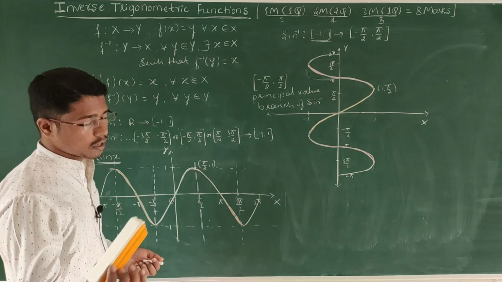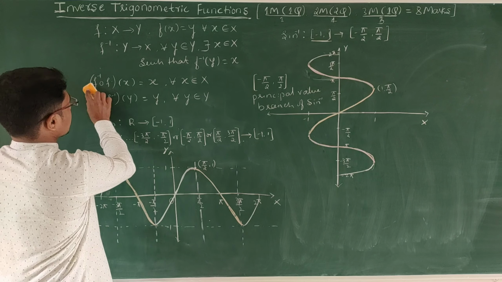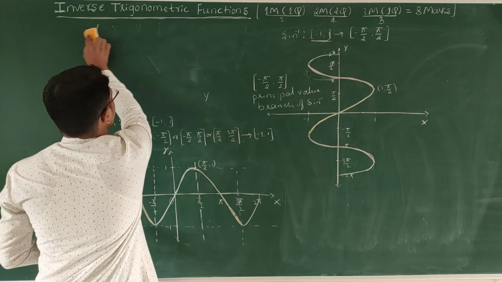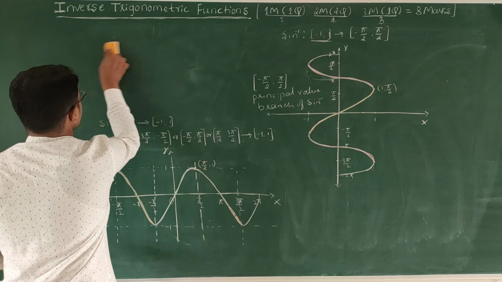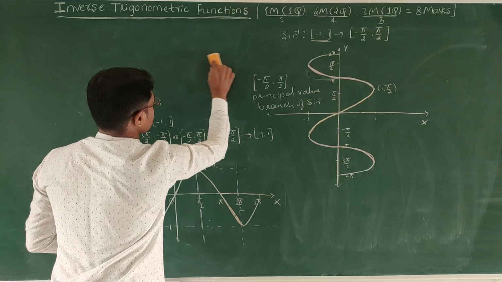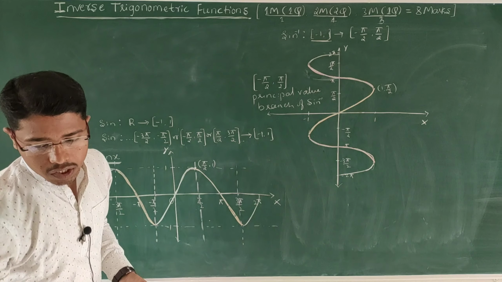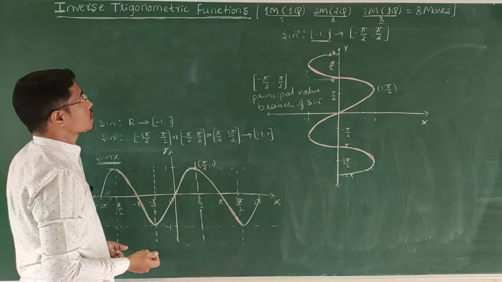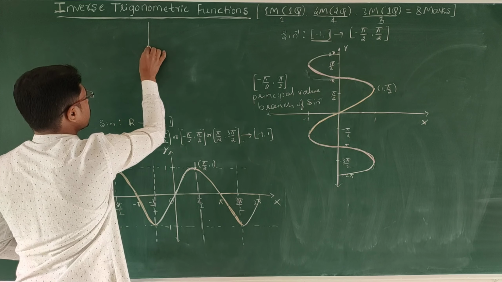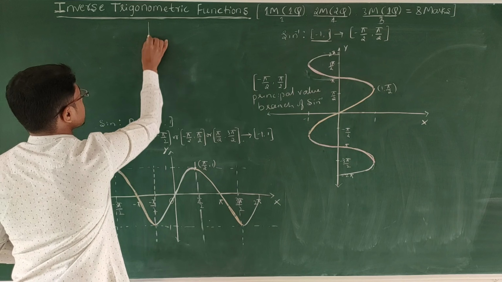See one property of the sine function. I will draw it here in a very simple diagram. It possesses a mirror image with respect to the straight line y equal to x.